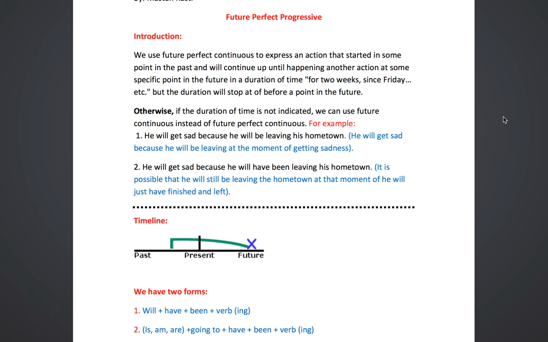You are about 50% sure here. He'll get sad because he will be leaving his hometown. And here, he will get sad because he will have been leaving his hometown. So in the second one, you are more sure about the action happening because the action started and will be continuing until some time in the future.